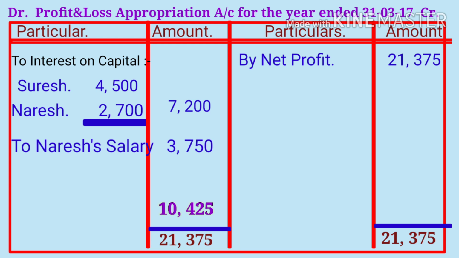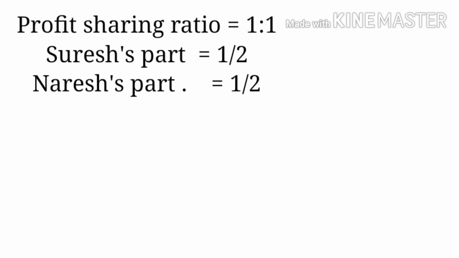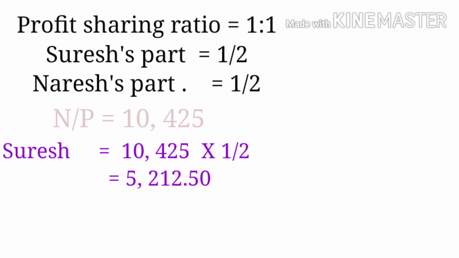This profit is distributed to partners according to their profit sharing ratio, and this profit is transferred to their capital accounts. Actually, the profit sharing ratio is not given in the question, so we have to distribute the profit equally to the partners. If the profit sharing ratio is not given in the question, we should distribute the profit equally. Here, half is given to Suresh and half to Naresh. So our net profit is 10,425.